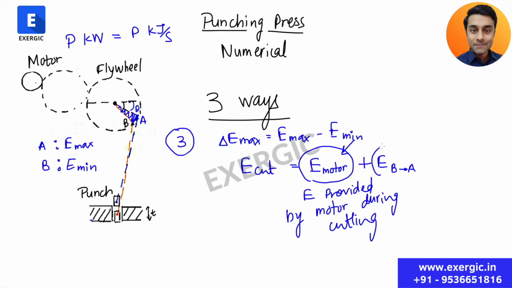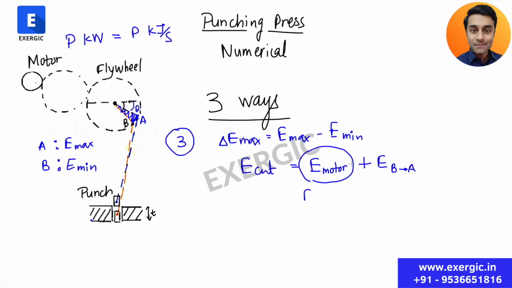So the rest is compensated by the energy which the motor gave to the flywheel when cutting was not happening. And how much is that? E B to A, the energy collected by the flywheel from B to A. What is that? It is nothing but the maximum fluctuation of energy.